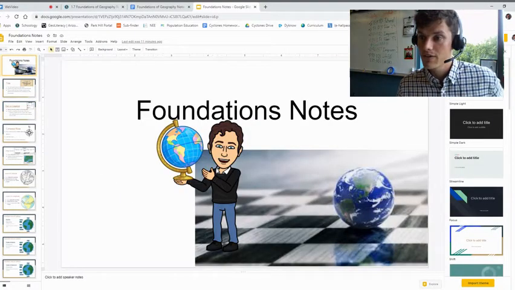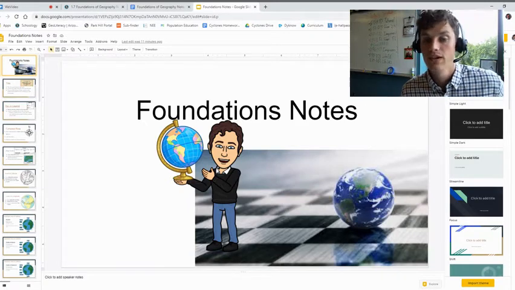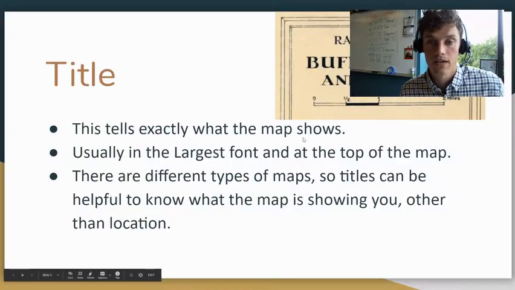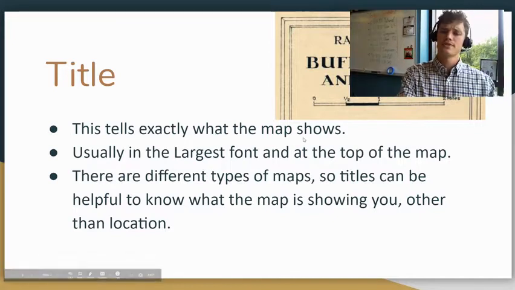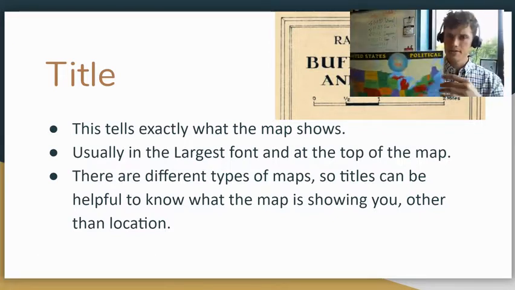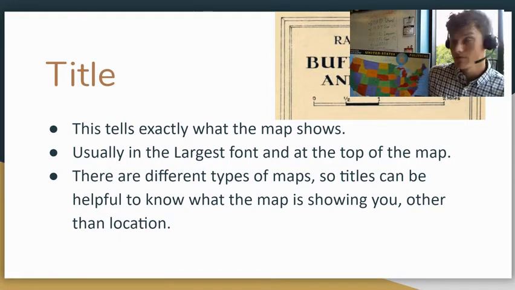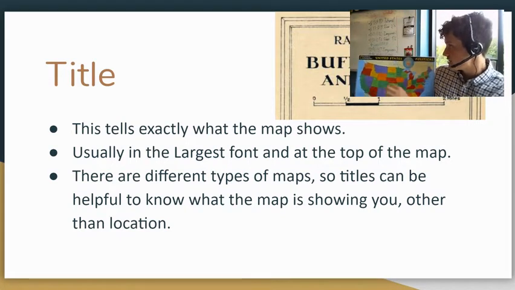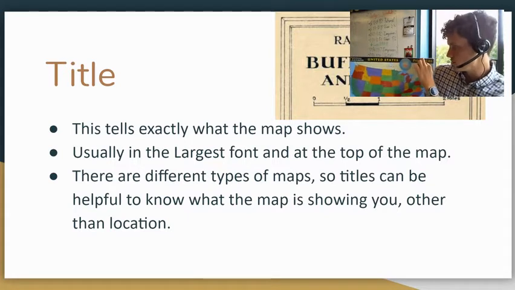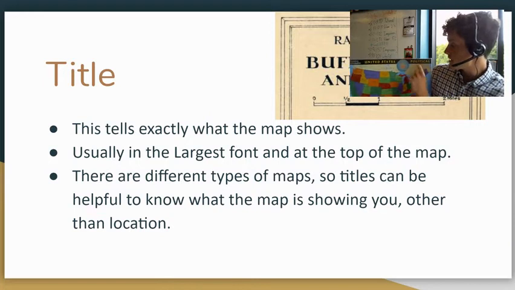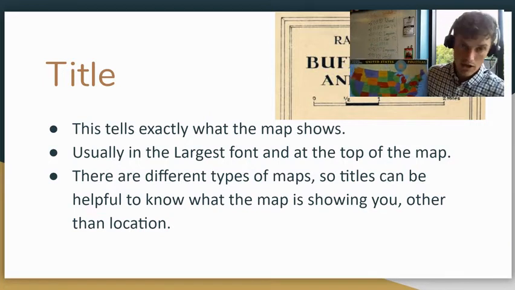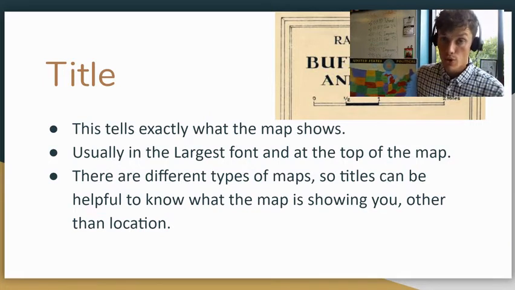First thing in our Foundations of Geography notes, we're going to be talking about the title. Now, of course, we start small. Here is my map, and the title is where you got to start. This tells you exactly what you're looking at, and here it says United States political. We're going to learn exactly what a political map is in a minute, but by looking at that title, I know automatically what this map is showing me.